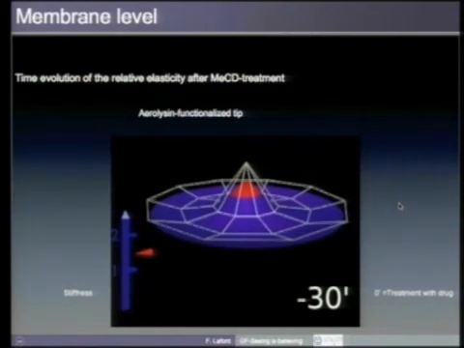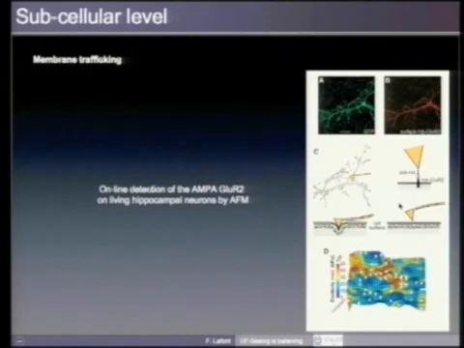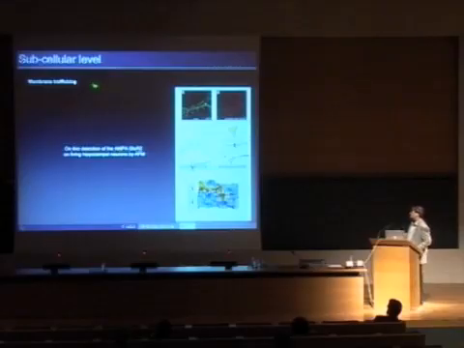atomic force microscopy. Another way is to use AFM to study membrane trafficking. It can be strange to hear, but since you are following receptors on the cell surface, if those receptors are internalized, then you should be able to detect this internalization, meaning membrane trafficking.